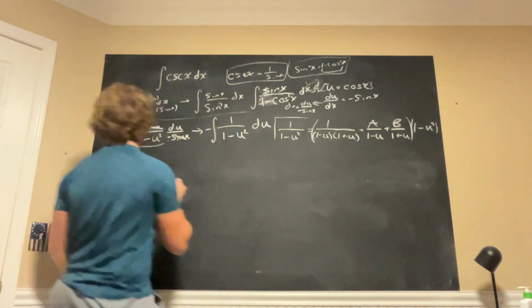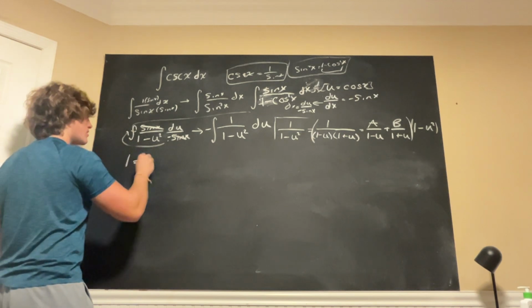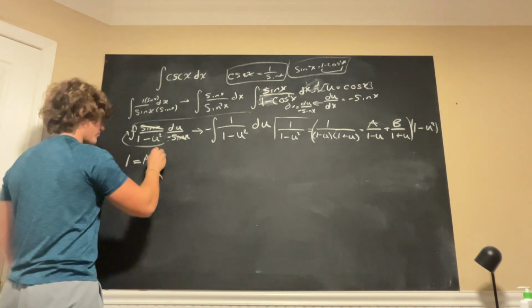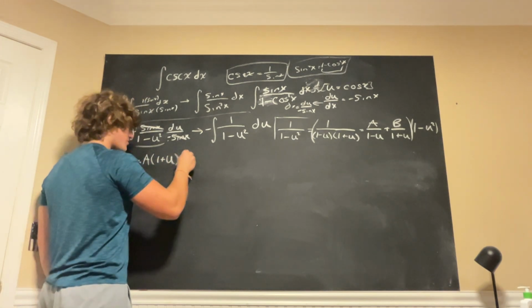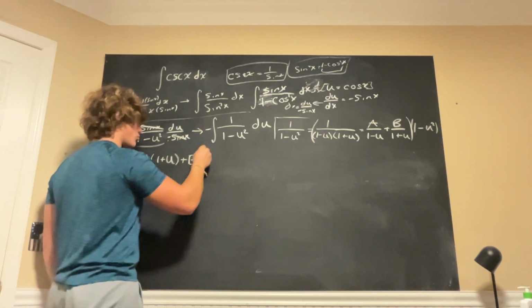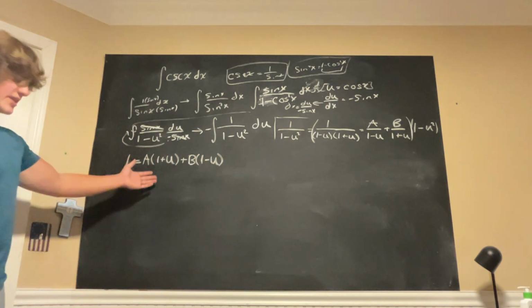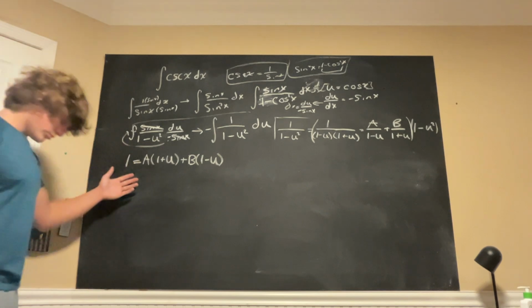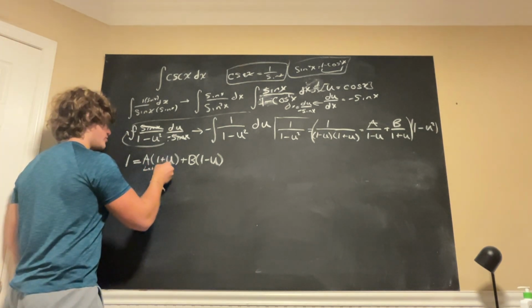So this becomes 1 is equal to a times 1 plus u plus b times 1 minus u. Now let u equal 1.